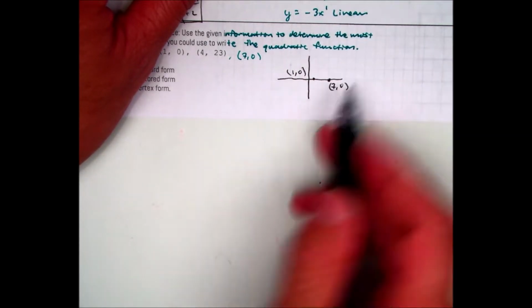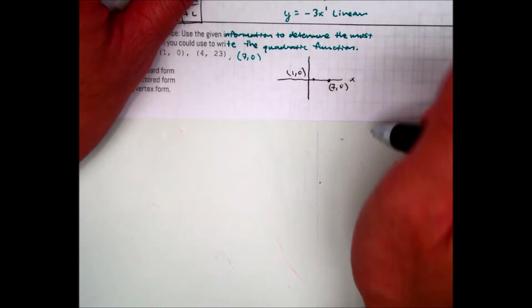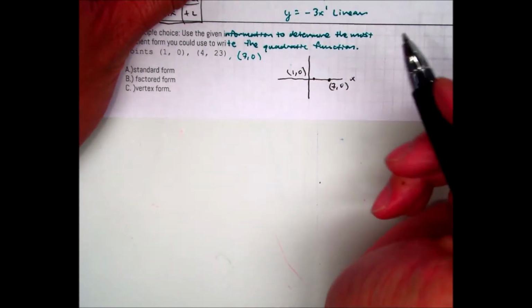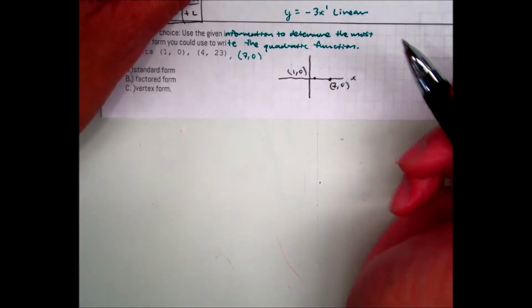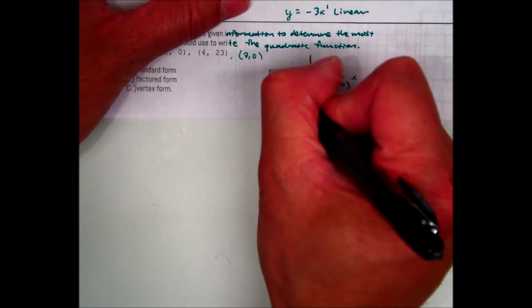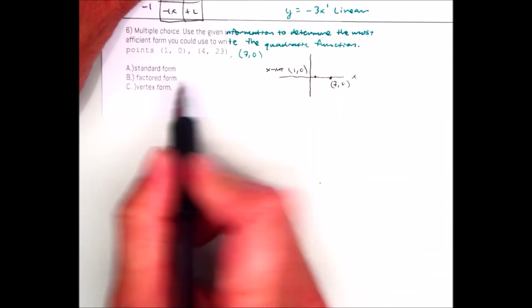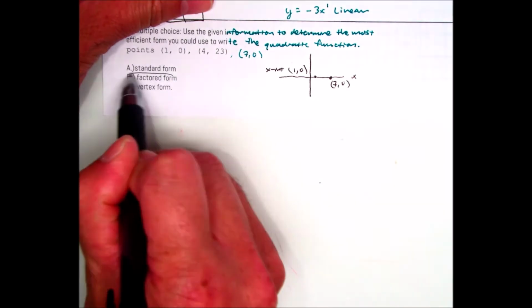you'll recognize that these are called x-intercepts because they cross the x-axis. Anything with x-intercepts is best used for factored form.